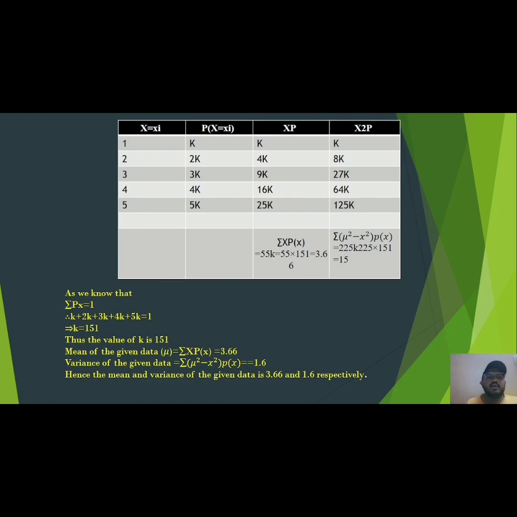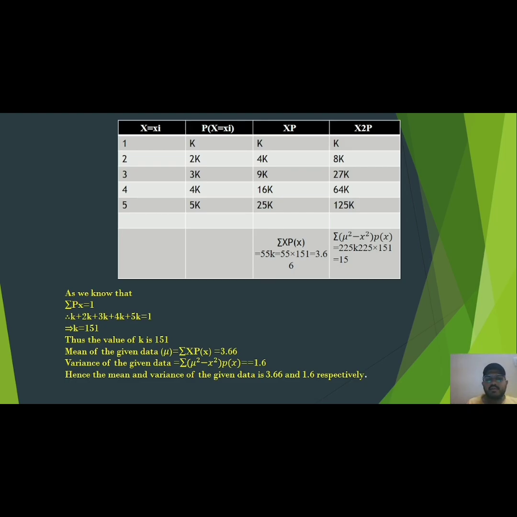Here, as we know that sigma p(x) is equal to 1, that is k plus 2k plus 3k plus 4k plus 5k is equal to 1, where k is equal to 1/15. The mean of the given data is mu = sigma x p(x) = 3.66. The variance of the given data is sigma (x minus mu) square p(x) = 1.6.